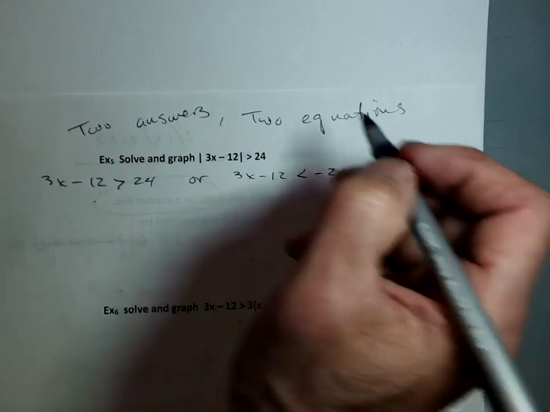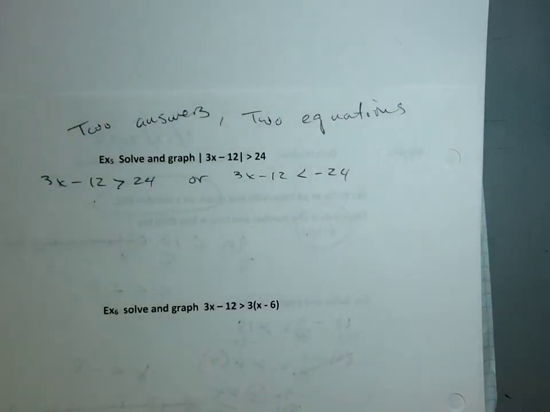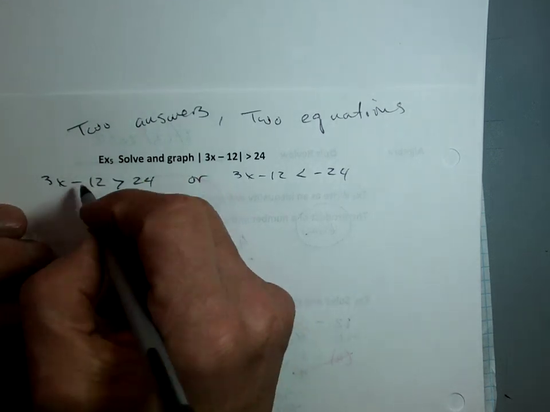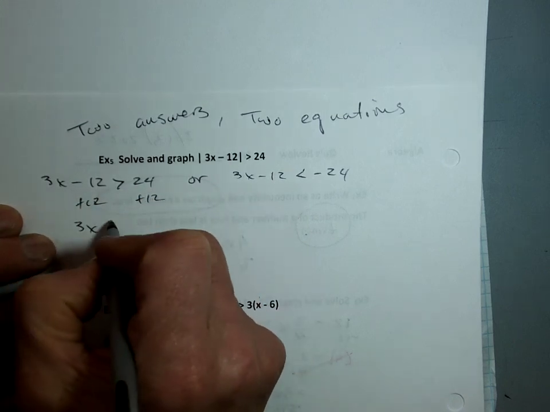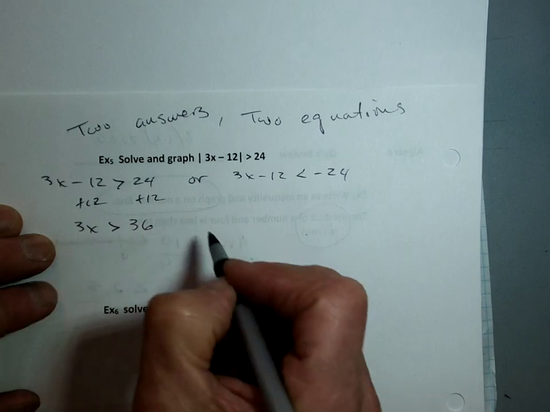So when I do absolute values, we get the positive and the negative. But when I do the negative, I've got to turn the sign, right? So from here, then I'm going to solve it. I'm going to go plus 12, plus 12. I've got 3x is greater than 36.